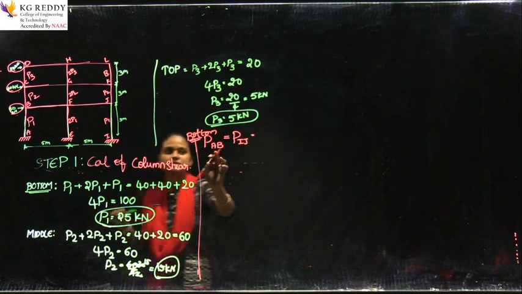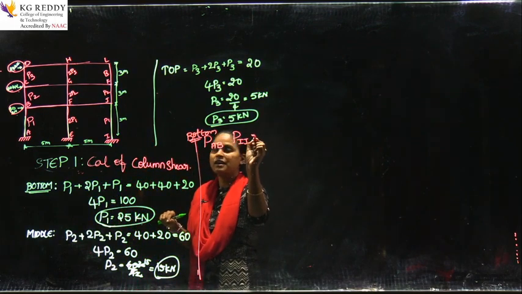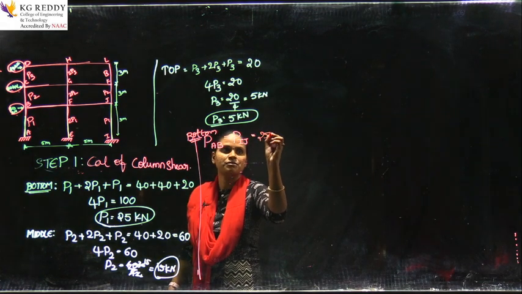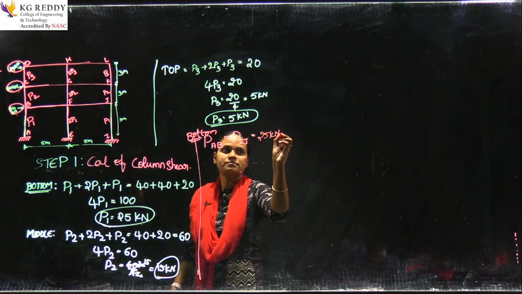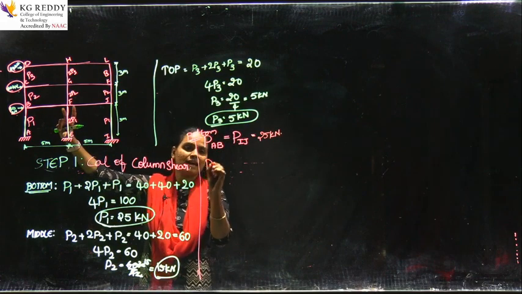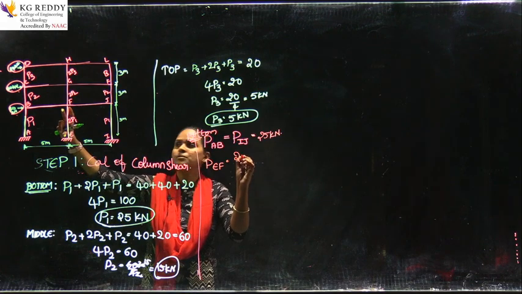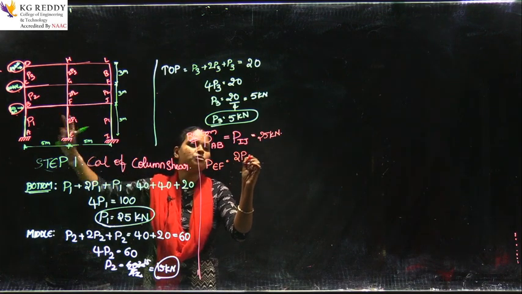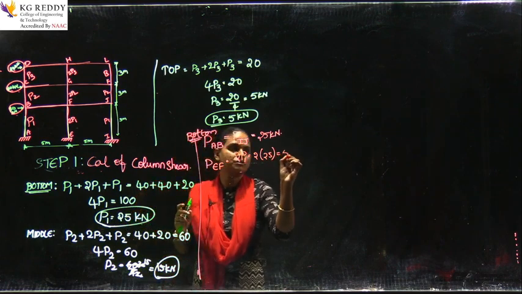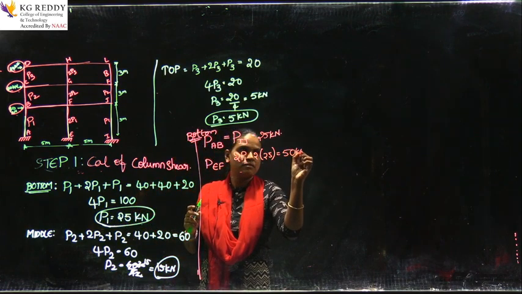So PAJ equals PIJ, and they have the P1 value, which is 25 kilonewton. What about PEF? For the calculation of PEF, it is 2P1. So 2 into 25 equals 50 kilonewton.